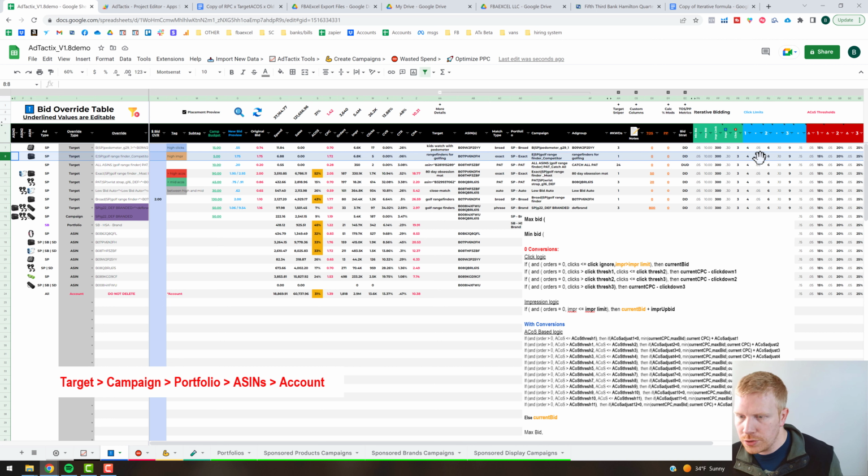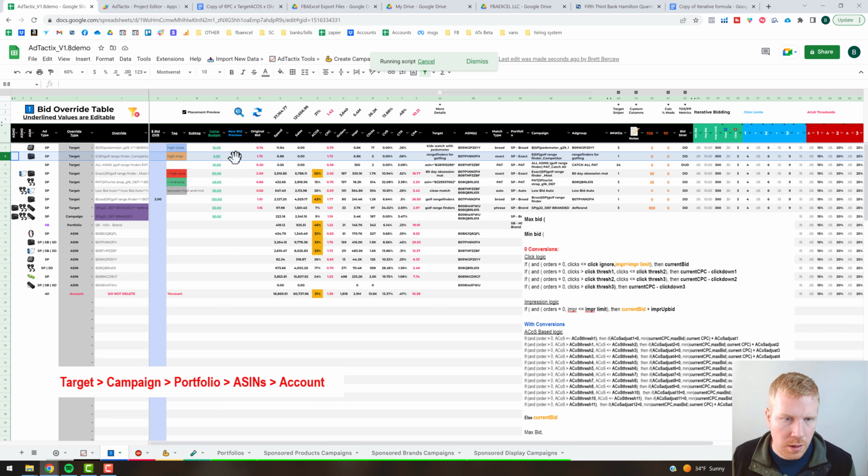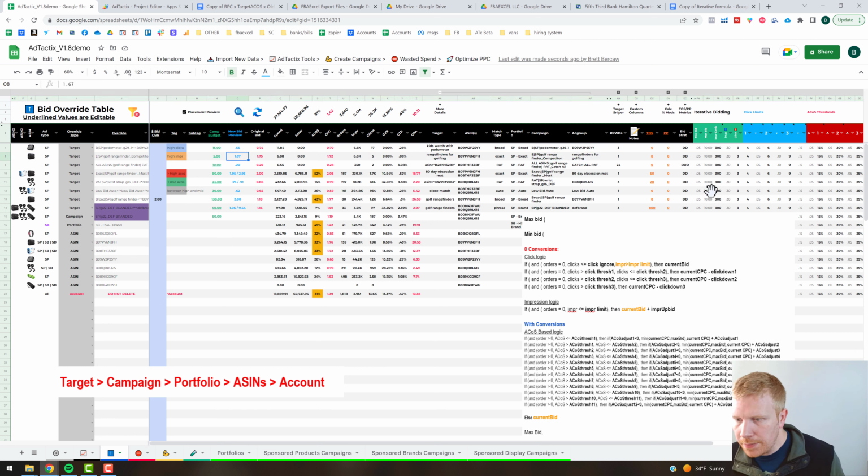Then you take the current cost per click, not the current bid, and subtract 5 cents. Our current cost per click is 172, so if we do a subtraction right now, that should be 167. There you go, 167.